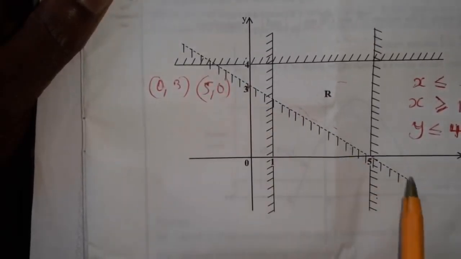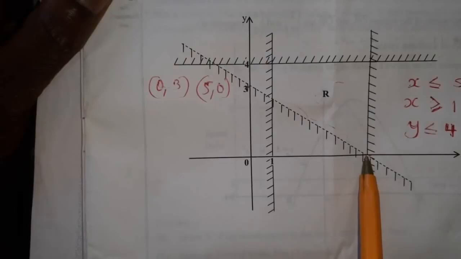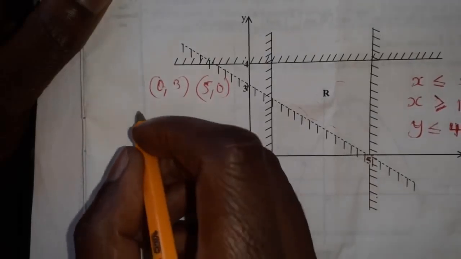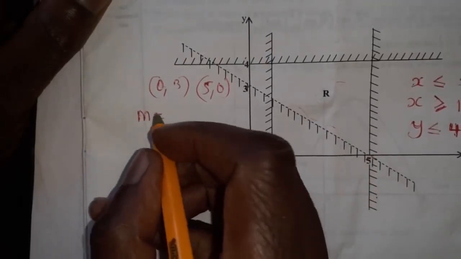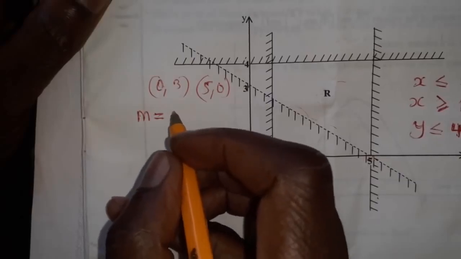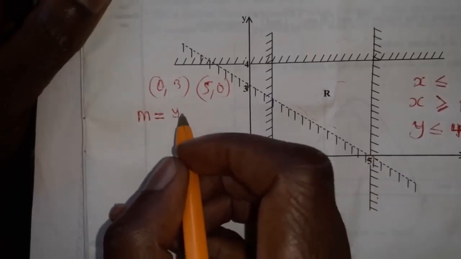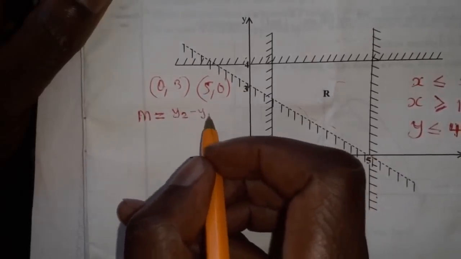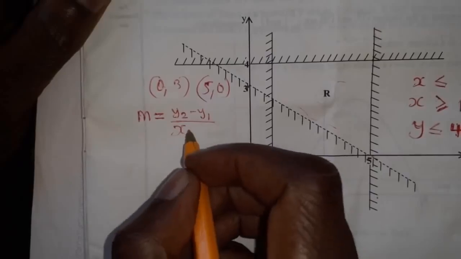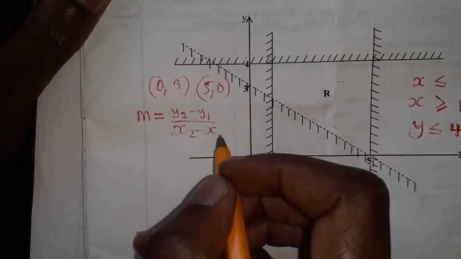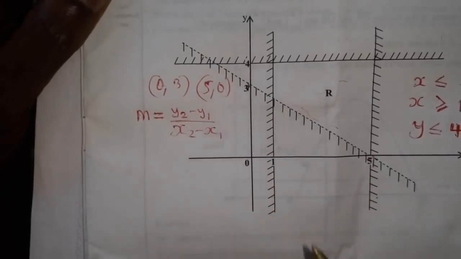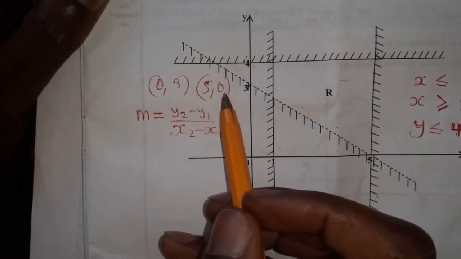The points are 0, 3 here, and this point is 5, 0. As you may know, to write the equation, we need the gradient. The gradient is y2 minus y1 over x2 minus x1. So we can take this one.